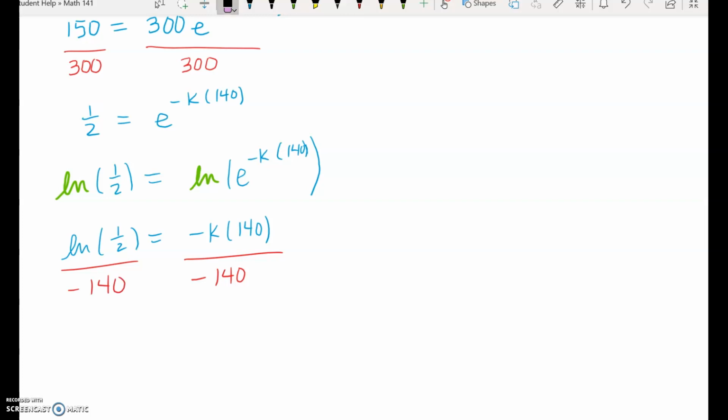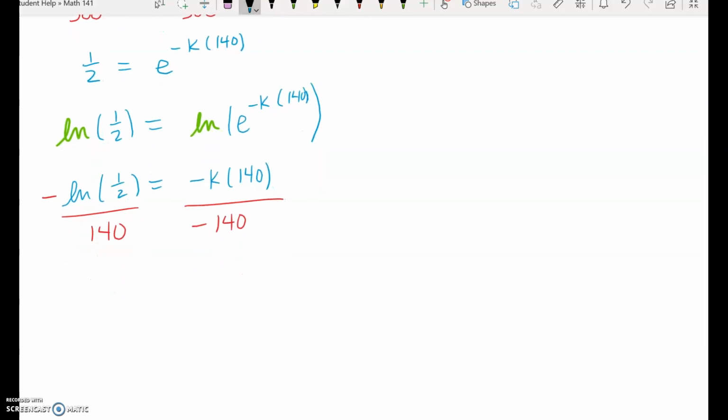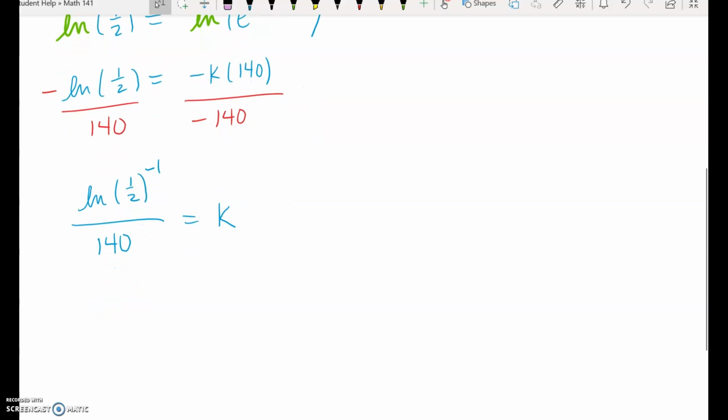And actually, I'm going to put the negative sign up here so that I can use that rule of exponents and bring the -1 up into the front, because that'll allow me to take the reciprocal of the 1/2 and have natural log of 2 over 140 equals k.